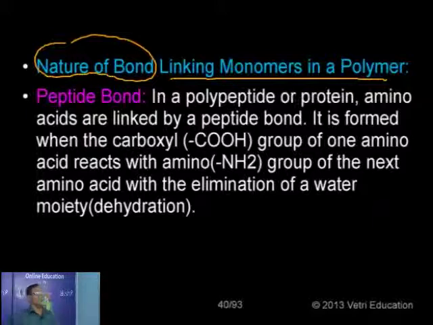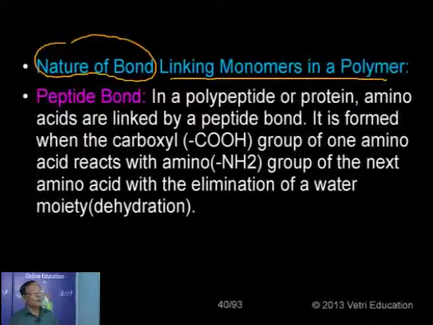Number 1, the peptide bond. This peptide bond is normally found in a polypeptide chain, or we can say in proteins, between the amino acids. The building blocks of proteins or polypeptide chains are nothing but the amino acids. The amino acids in a protein are linked together by means of a peptide bond.